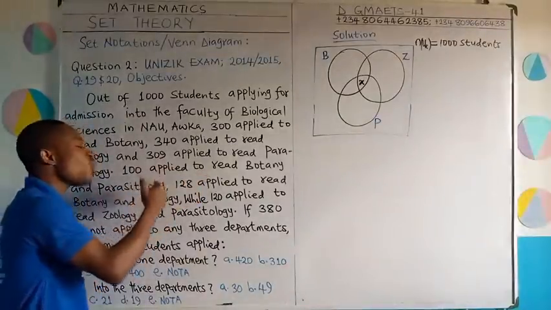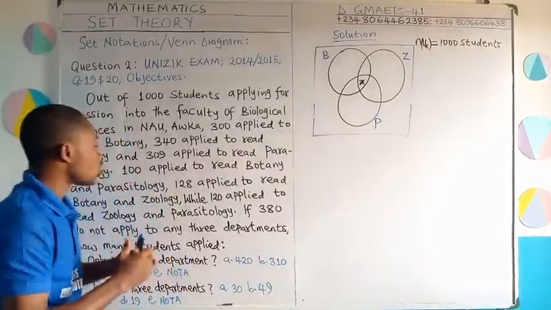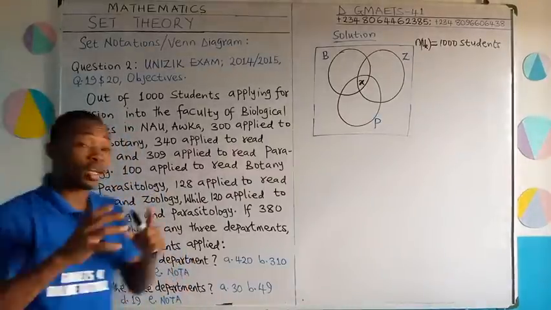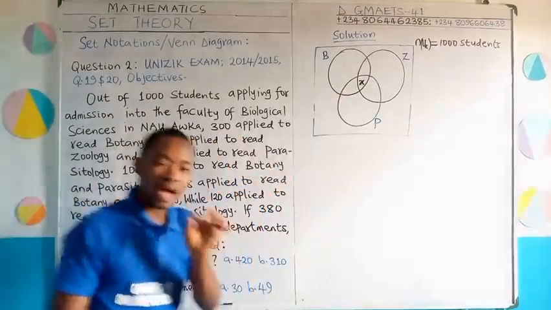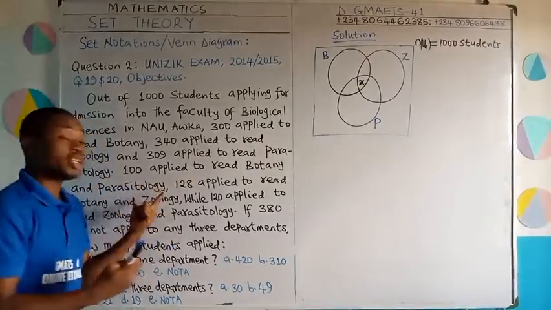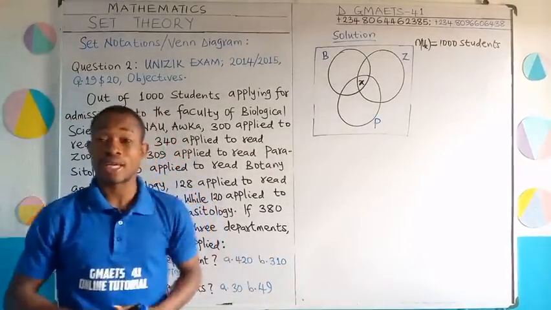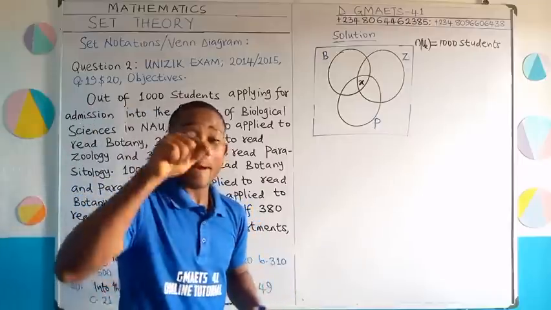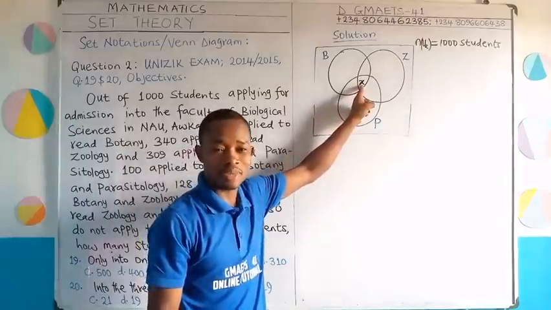There is nothing like "only" attached to that statement. Suppose we were told that 100 applied to read botany and parasitology only, I would come here and just fix 100. But because we're not told "only" here, it means that among these 100 students that apply to read botany and parasitology, chances are that some include those that apply for all three departments.